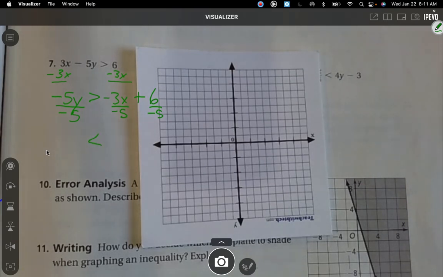Okay, that goes way back to, I don't know what chapter, 3 maybe. So y is less than, and that becomes 3/5 x minus, I'm going to make that a decimal. I don't know where to plot 6 over 5. Do y'all know where that is on here? I have no idea.